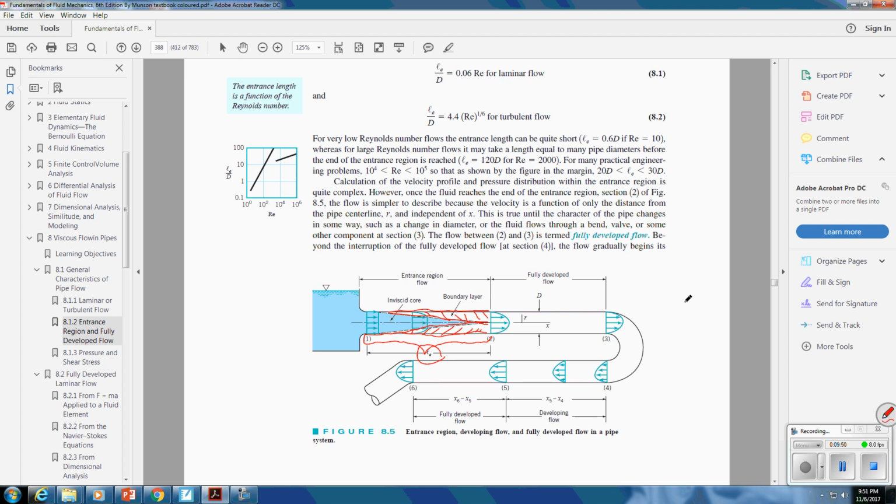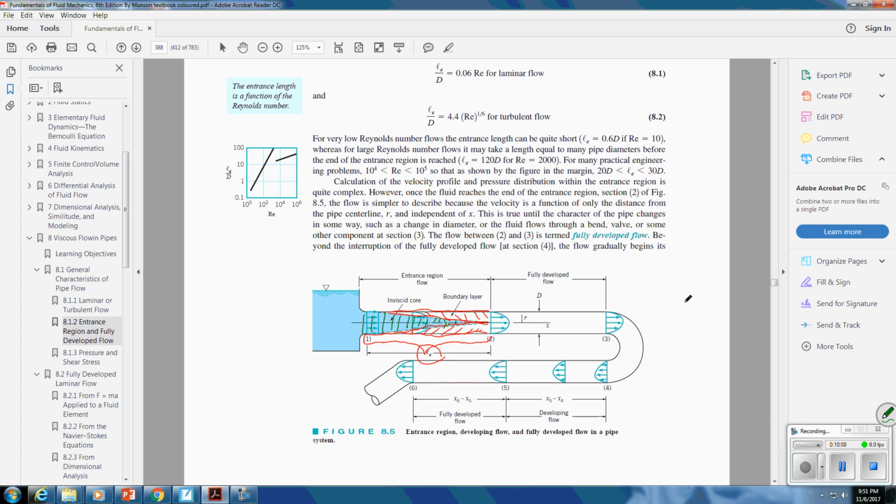And the inviscid core is this region here, which is not influenced by the boundary conditions or viscous effect. We call it the inviscid core.